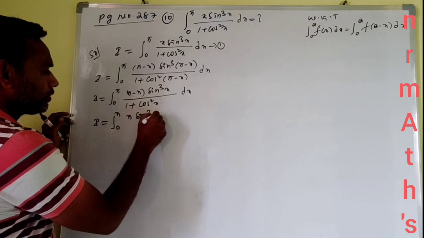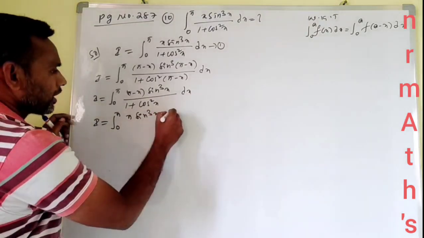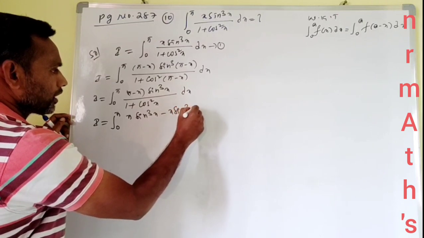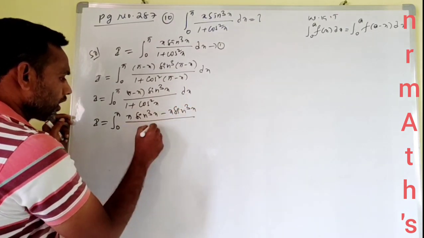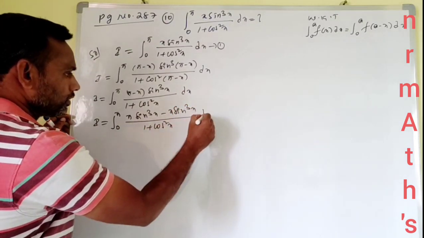Now write I is equal to integration 0 to pi, multiply here pi into sin cube x and minus x into sin cube x, by denominator 1 plus cos square x dx.